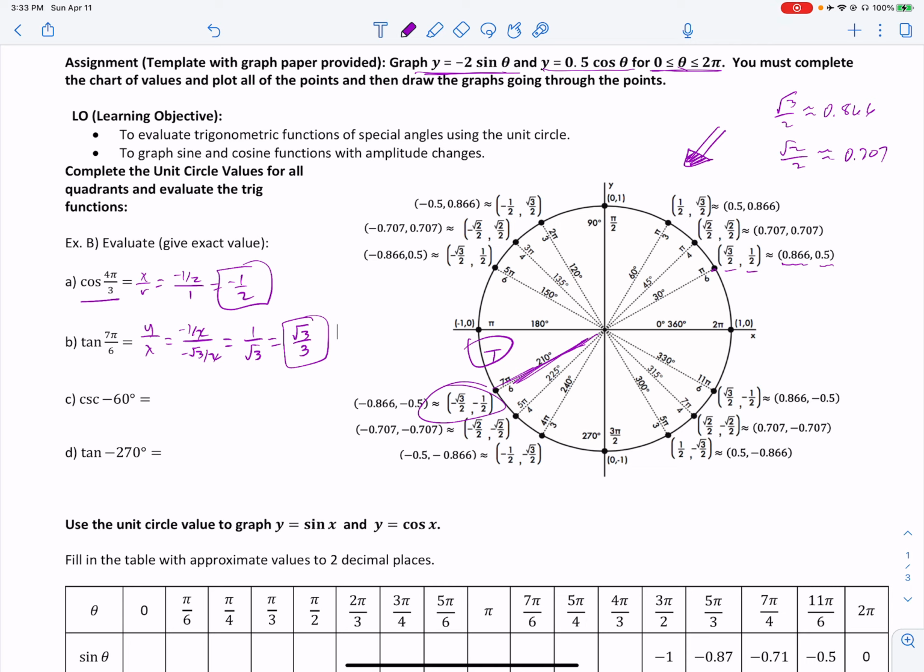For cosecant of -60 degrees, you need to rotate clockwise, and -60 degrees is going to put you at the same spot as 300 degrees. That -60 degrees puts you at what would be 300 degrees if we went counterclockwise.